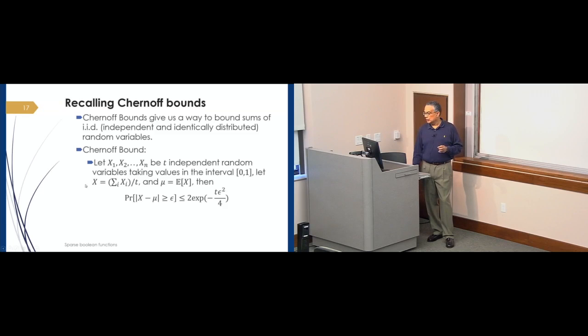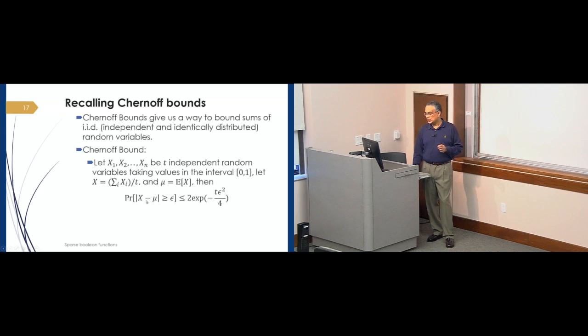And so one form of the theorem would say, if you're given x1, x2 through xt, and they're t independent random variables from the interval 0 to 1, and let x be the sum of these random variables divided by t, and mu be the expected value. Okay?